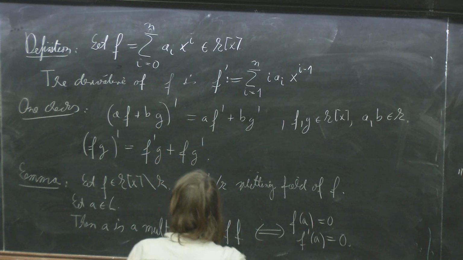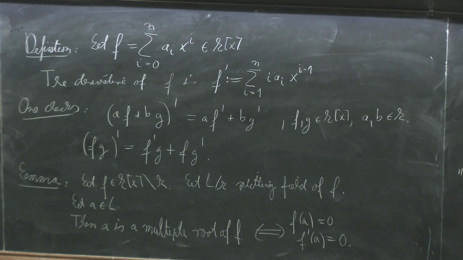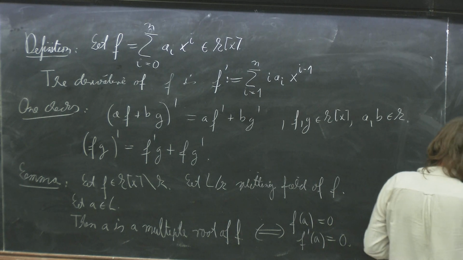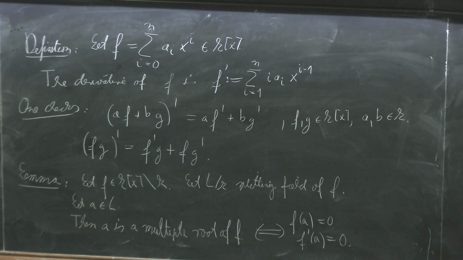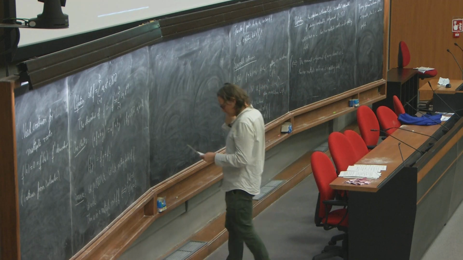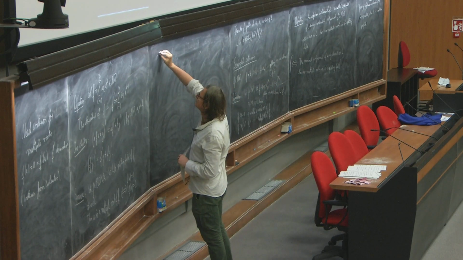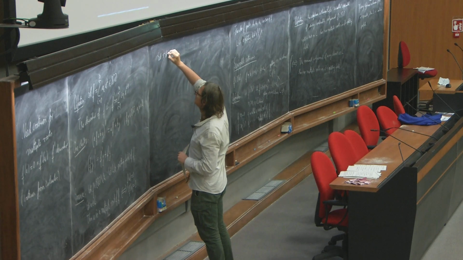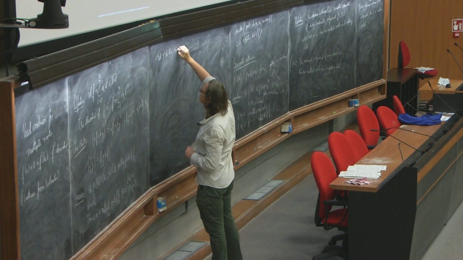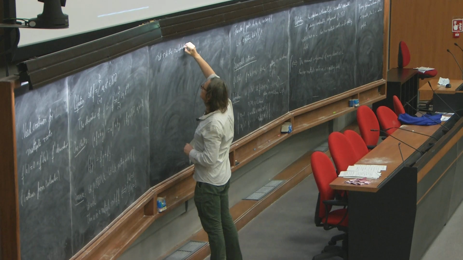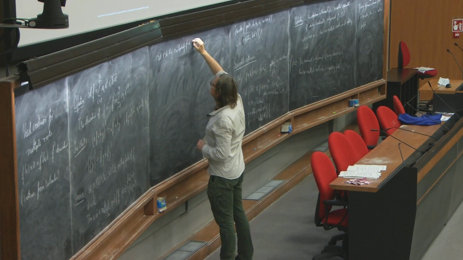And by these rules, this follows essentially. Let r be the multiplicity of a as a root.